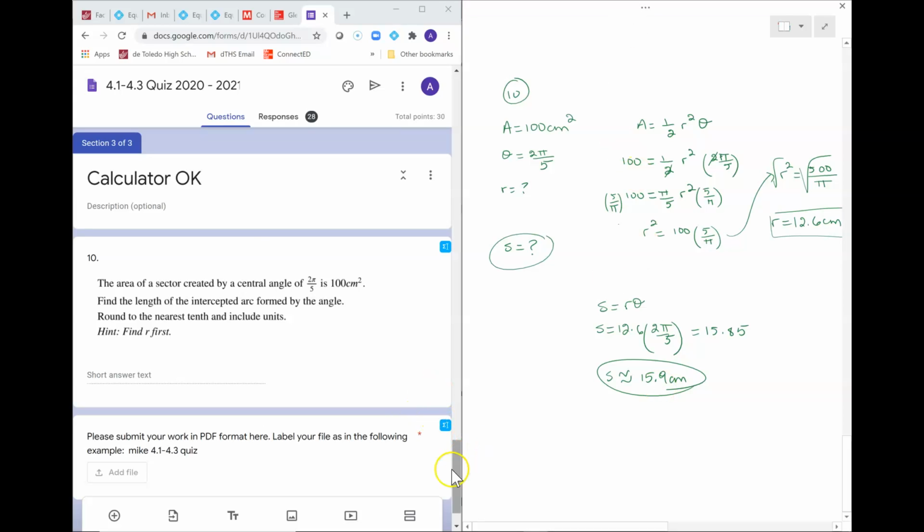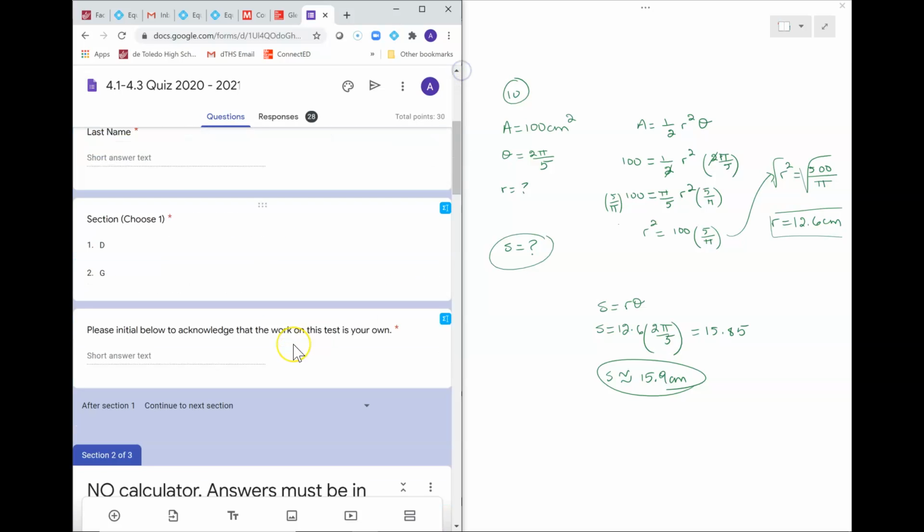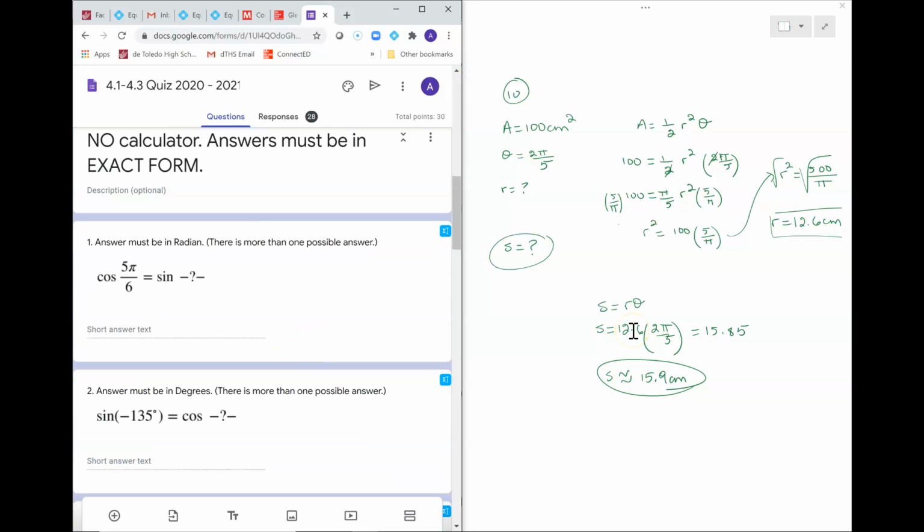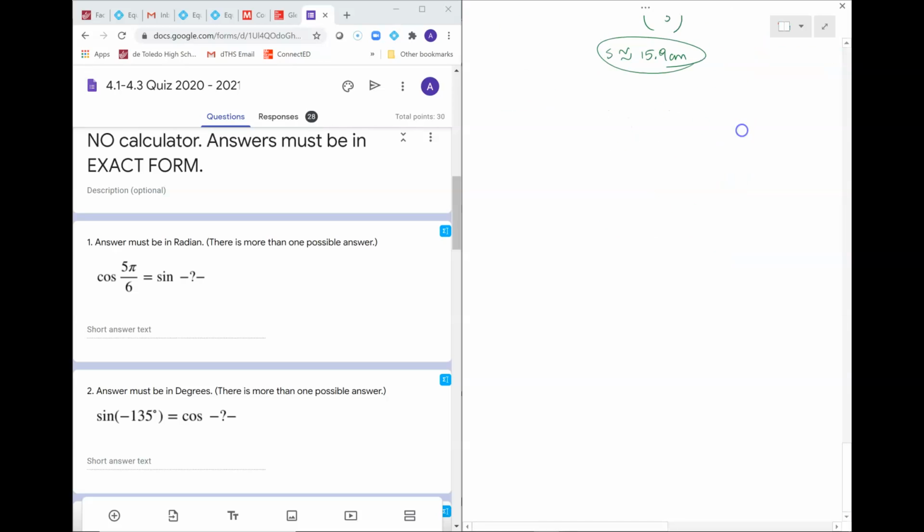And somebody had mentioned number 1, even though I had gone over it, but very, very quickly. It asks here for the cosine of 5 pi over 6, and we want to know what is that the sine of. For 5 pi over 6, the reference angle is pi over 6. So we're looking for the cosine of pi over 6. I know that pi over 6 is the smaller angle, and it faces the smaller side.